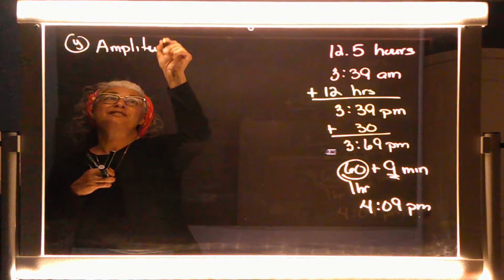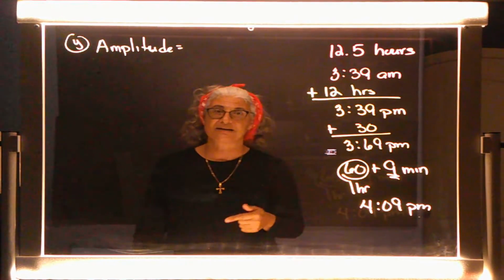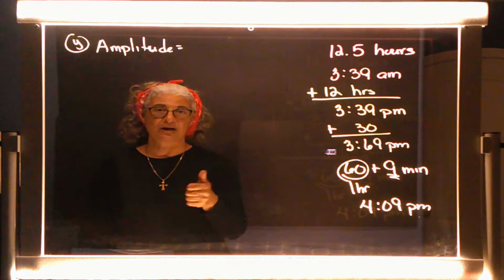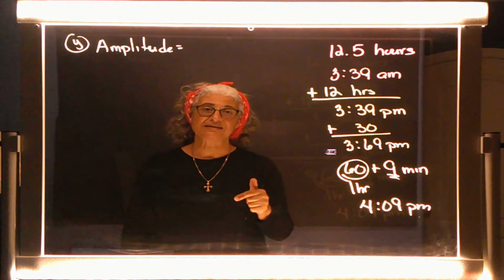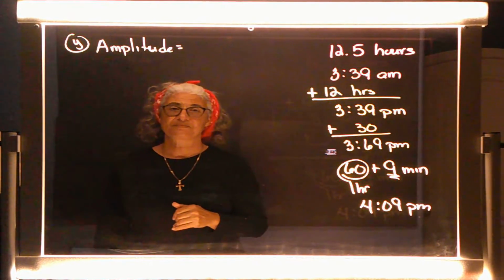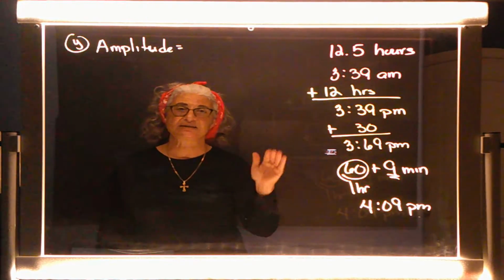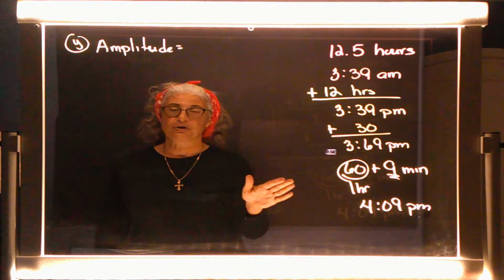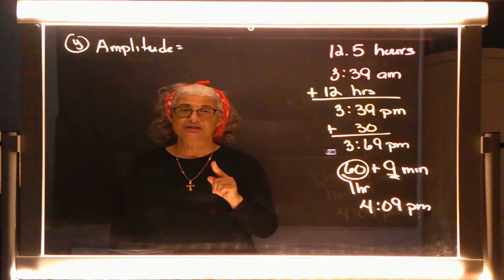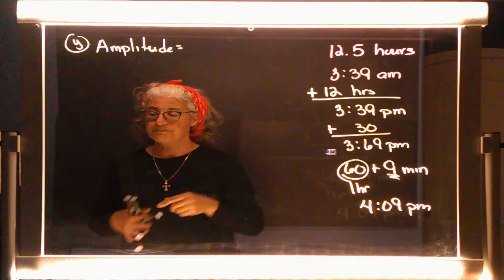So, we need to know what's representing the y's. Is it the time that's representing the y's, or is it the height of the waves that's representing the y values? Good, it's the height of the waves. So, based upon what we've already done, to find the amplitude, you're going to take the highest wave, which was how many feet?